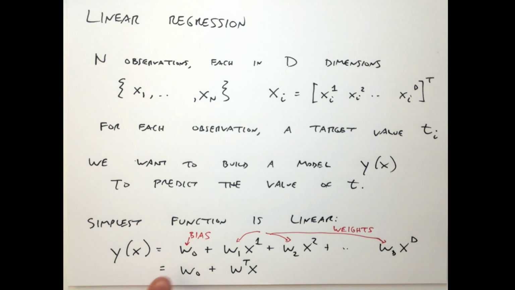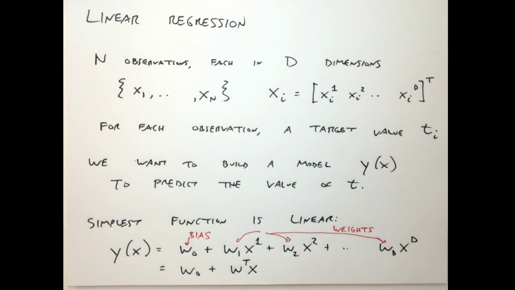But generally, in the context of a linear problem, bias is the constant term and weights are the things that multiply the x's, okay? So this is the most basic thing, right? Straight line, more or less. Now, this is a little bit constraining, right? Because we already know that there may not be a direct linear relationship between the variables and the thing we want to predict, right? So we need a more general model than this, okay?